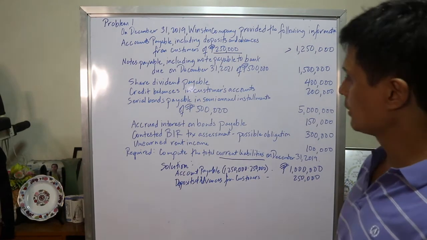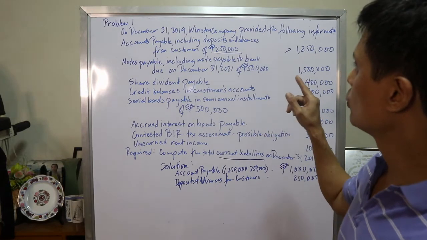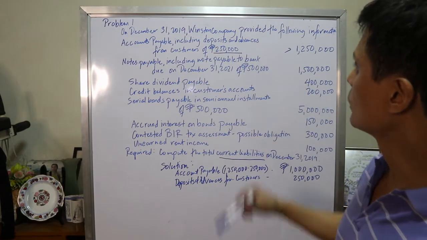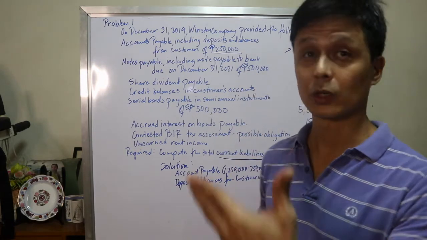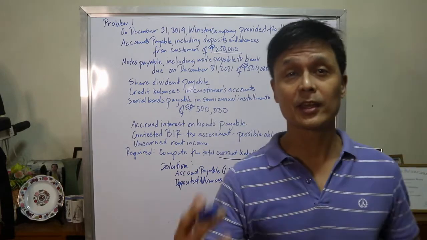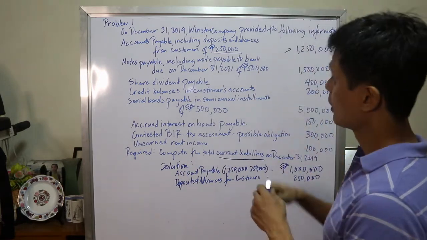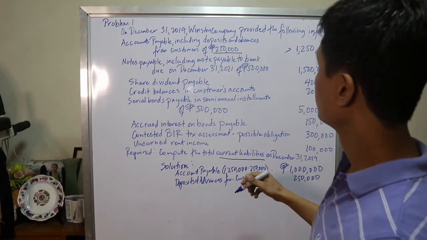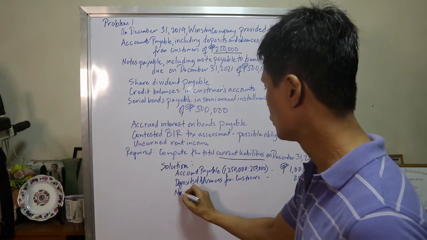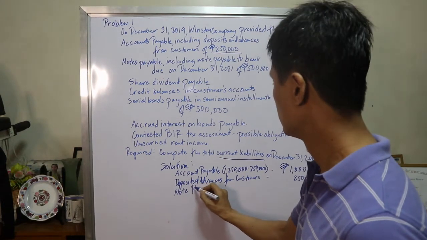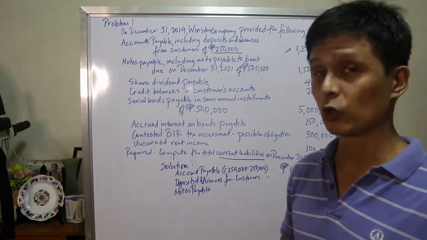Now, the next one, notes payable including note payable to bank due on December 31, 2021. So medyo matagal-tagal pa yun. It's beyond 1 year. So if it's beyond 1 year, then it's not part of the current liabilities. So ibabawas natin yun. Dito sa notes payable, yung magjuju lang para sa ngayong isang taon.